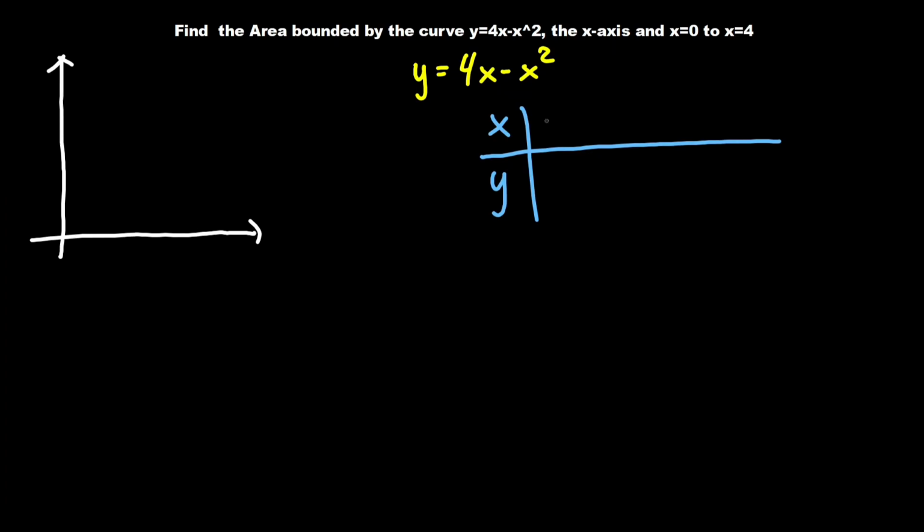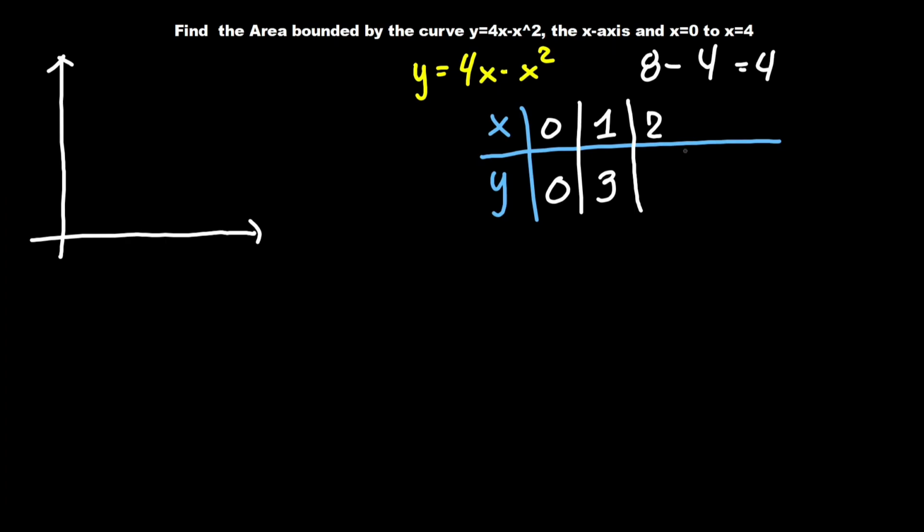if you substitute 0 amongst this x, 4 multiplied by 0 minus 0 squared, this would equal to 0. So y here would be equal to 0. If you substitute here is 1, y here would be equal to 3. If x here would be equal to 2, 4 times 2 would be 8 minus 2 times 2 would be 4.